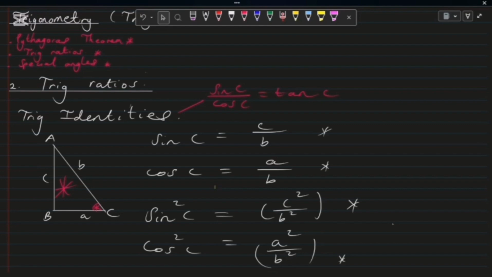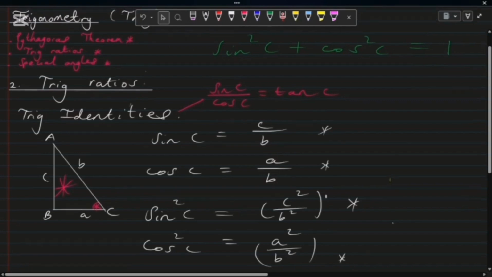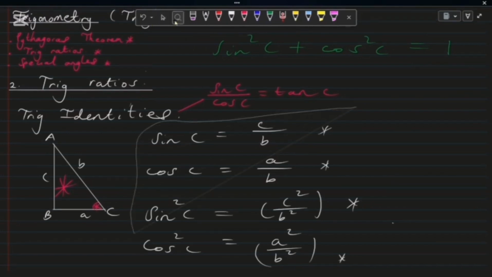So the identity says that sine squared of angle C plus cos squared of angle C gives us 1. This is true for any angle. So that is another very important identity of ours.